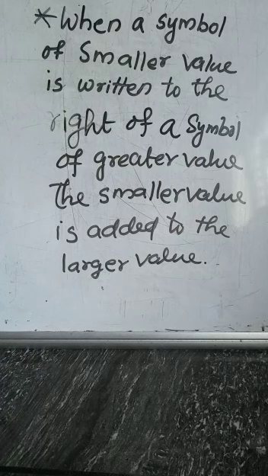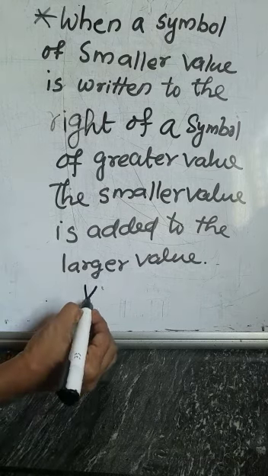Children, our next rule: when a symbol of smaller value is written to the right of a symbol of greater value, the smaller value is added to the larger value. Here is an example, VI.